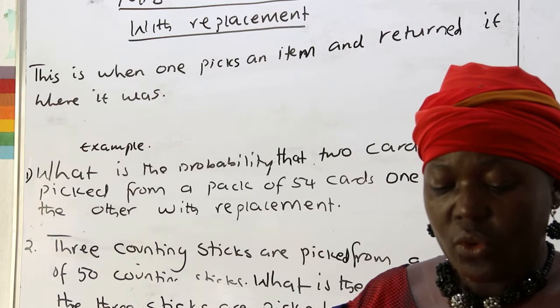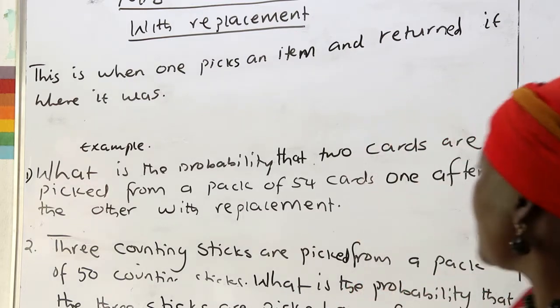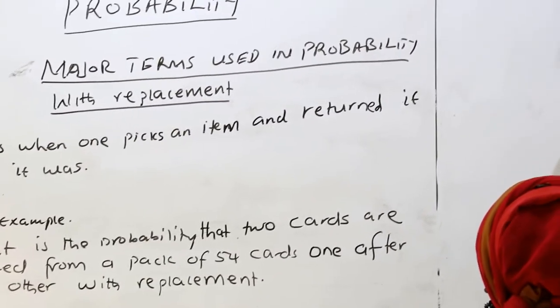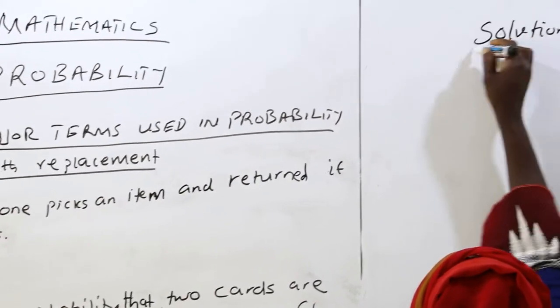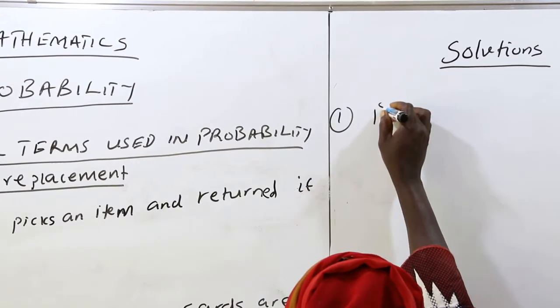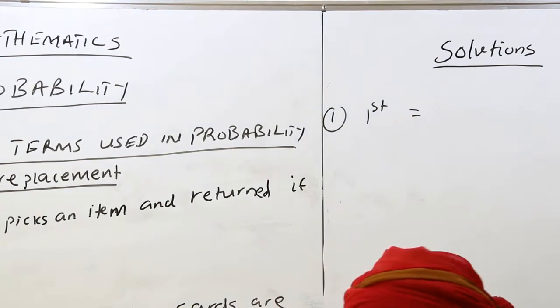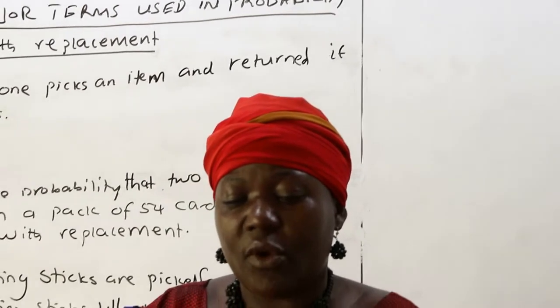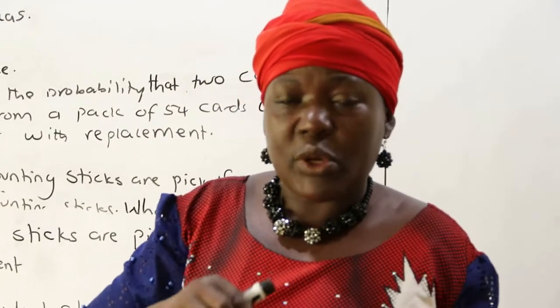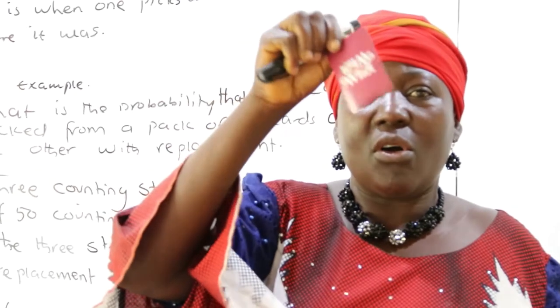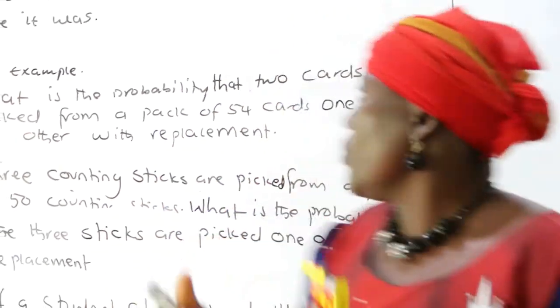Okay? So first of all, solution to this question now. Number 1. So first picking, we know that the complete pack has 54 of them inside. So you are going to pick one. So this is one card I've picked. So we are going to have 1 all over 54.